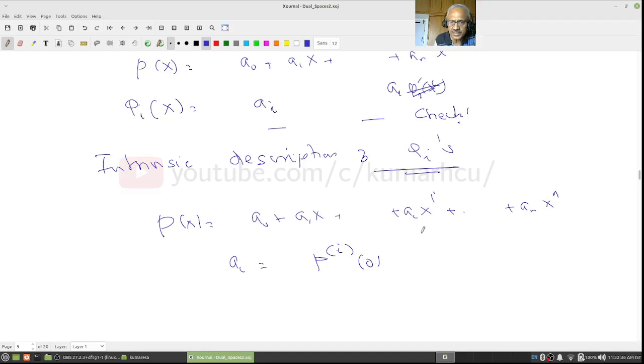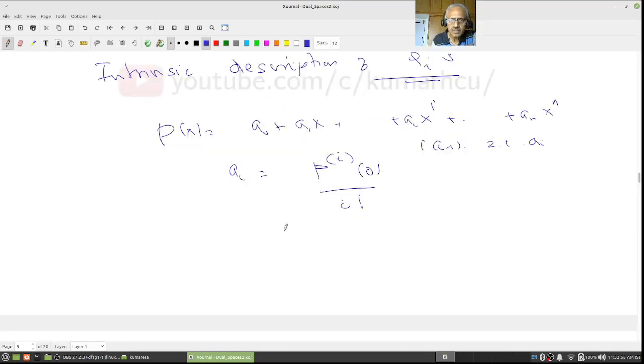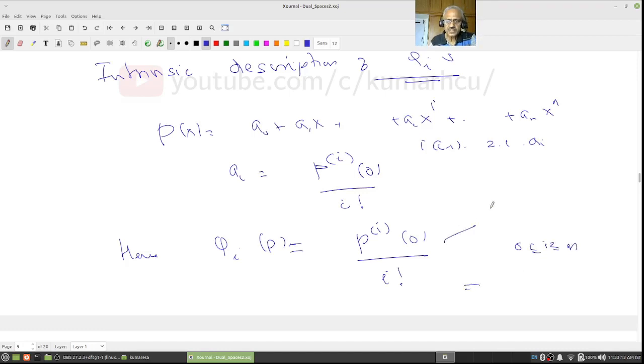If I keep on differentiating, I will have i into i minus 1 into 2 into 1, as I differentiate i times, into a_i. You are following? Therefore, a_i is going to be this divided by i factorial. Do you understand this? Hence, my phi_i of p is nothing other than the i-th derivative of p at 0 divided by i factorial, for 0 less than or equal to i less than or equal to n. Now this is the intrinsic description.